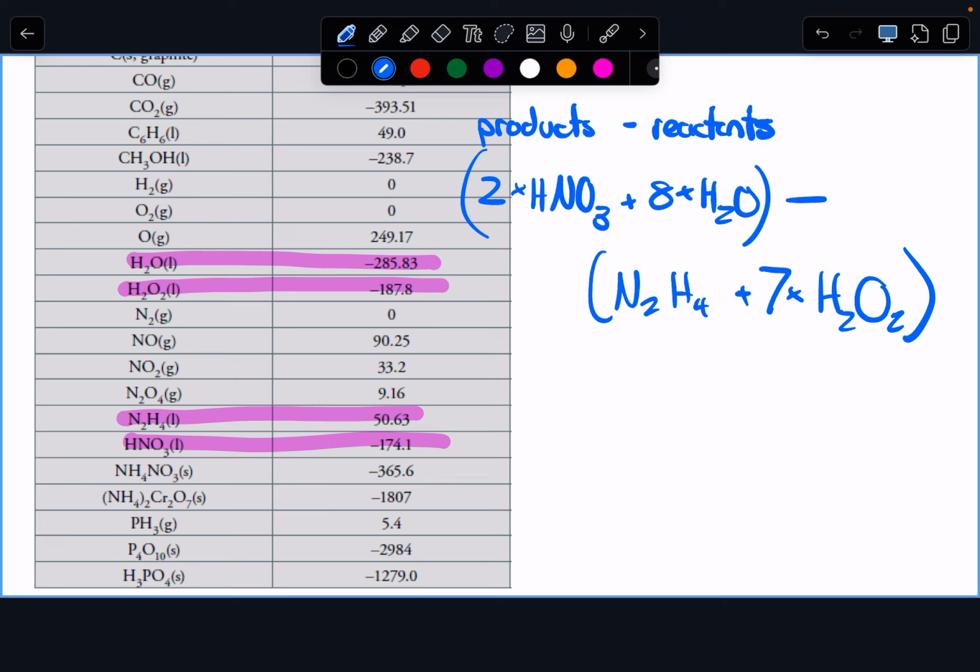N2H4 is positive, leave it positive. The others are negative, leave those negative.